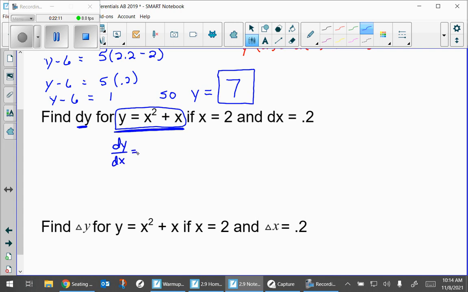And that's equal to, what is the derivative of x squared plus x? So what is dy equal to? To 2x plus 1 times dx. Well, you know what x is, you know what dx is. You figure out what dy equals.